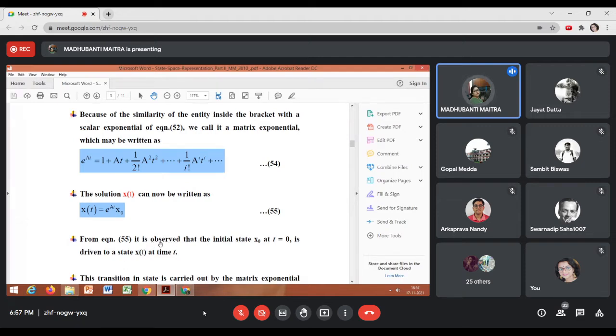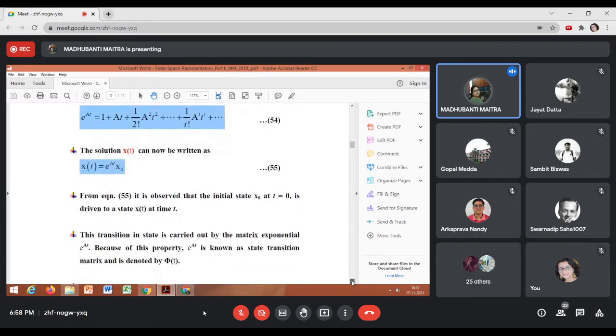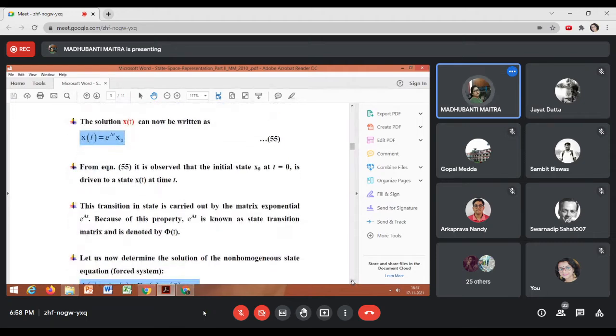So let's go through this point. From this equation, it's observed that the initial state x0 at time t equal to 0 is driven to a state xt at time t. This transition in state is carried out by the matrix exponential e to the power At.